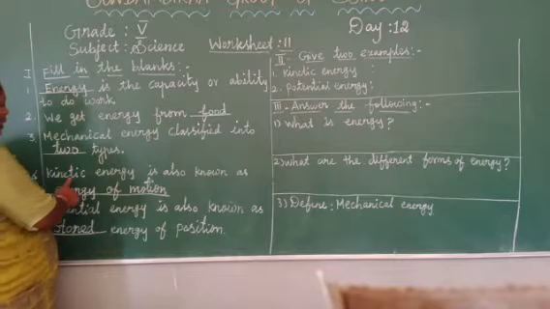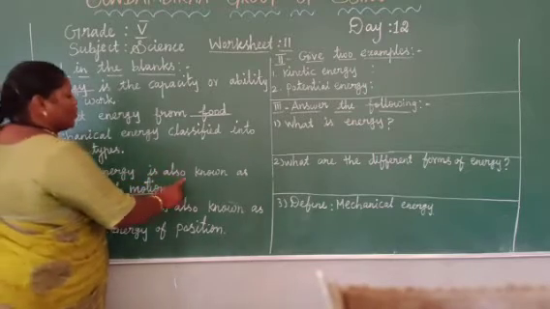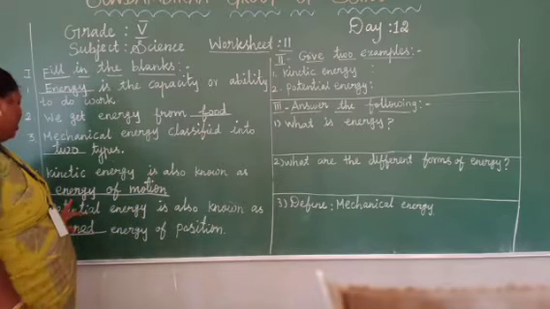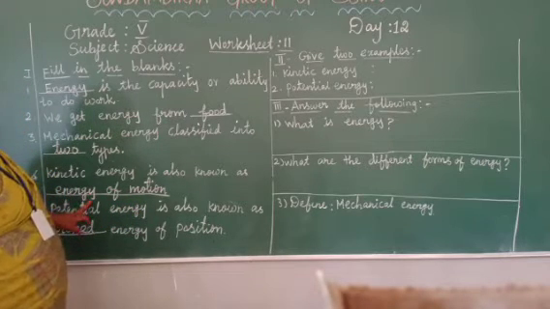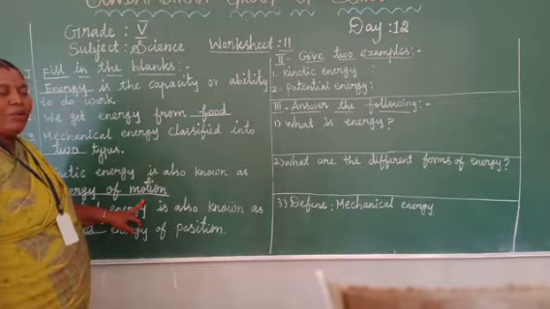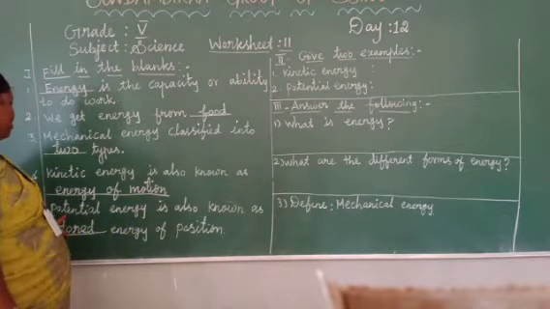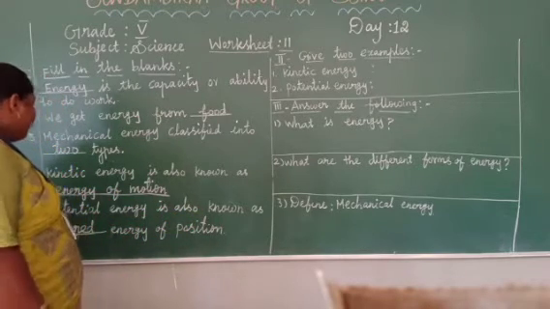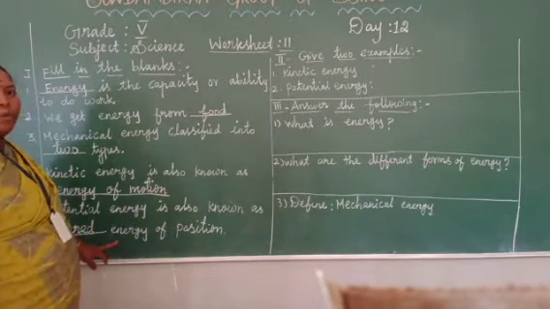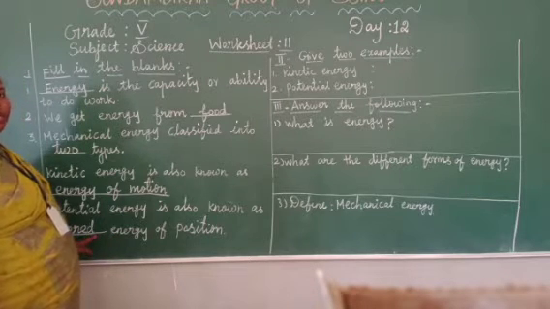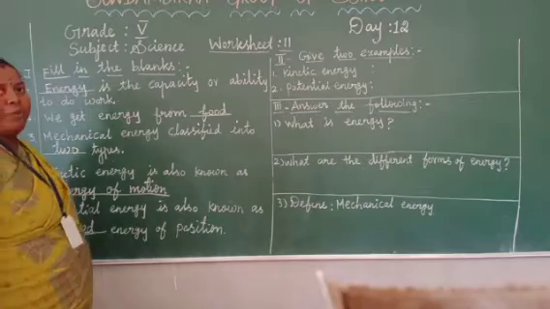Two. Kinetic energy is also known as energy of motion. E-N-E-R-G-Y. Energy of motion. M-O-T-I-O-N. Potential energy is also known as stored energy of position. S-T-O-R-E-D. Stored energy of position.